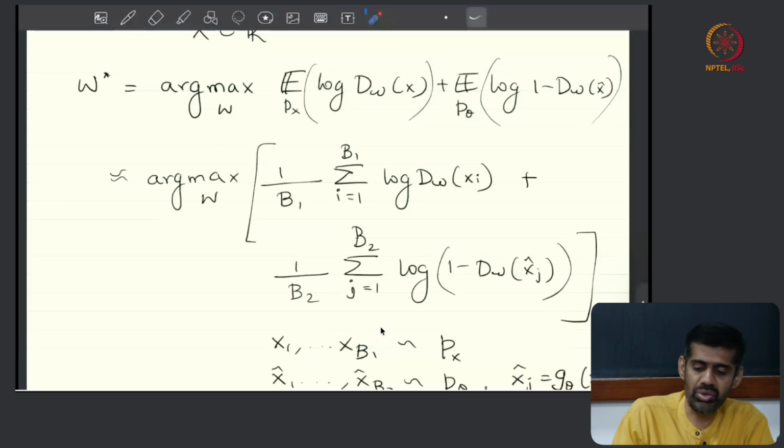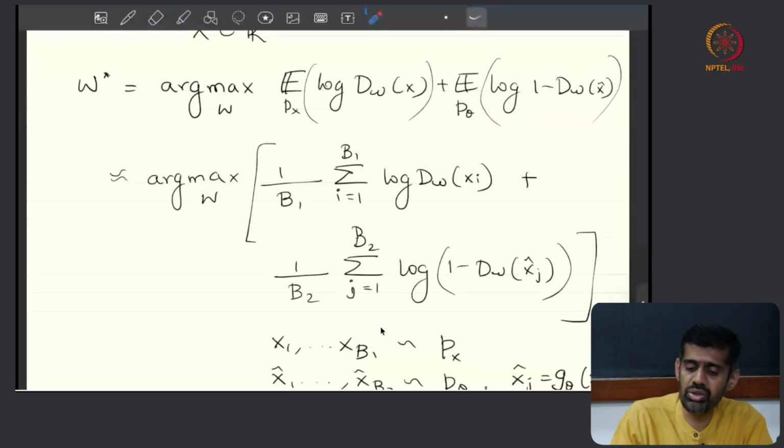That's your b1 samples. How do you get b2 samples from p_theta? Sample z b2 number of times from the normal distribution, pass it through that sampler network g_theta, and you get b2 samples from p_theta. Both of these expectations can now be approximated using these sample averages.